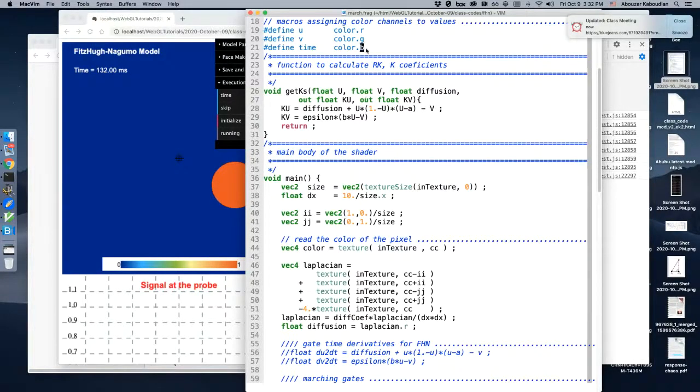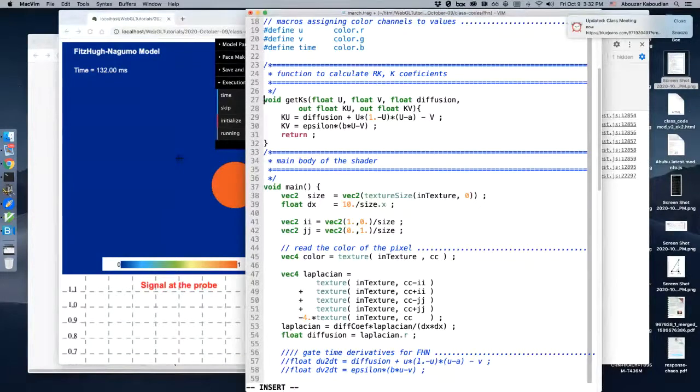If you change any of these ones to lowercase u, you will get an error because this line by the preprocessor will be replaced by color.r and then you can't define a function. You can't write color.r here as the dummy variable, you get an error. So we need to be careful about that. Does that make sense?